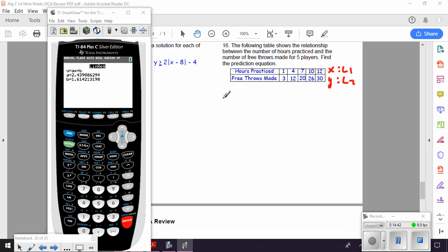So A is approximately 2.44 rounded to the second place. B is approximately 1.61 rounded to the second place. So to write the equation, it would be y equals 2.44x plus 1.61.